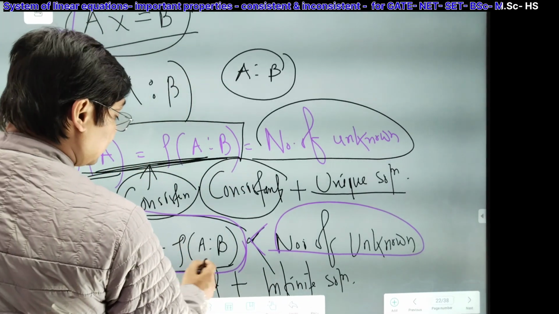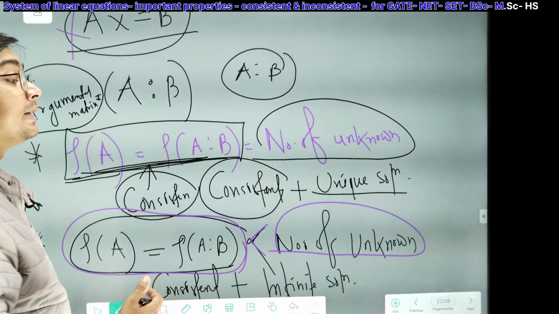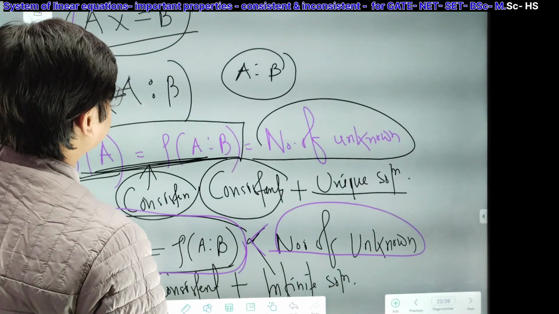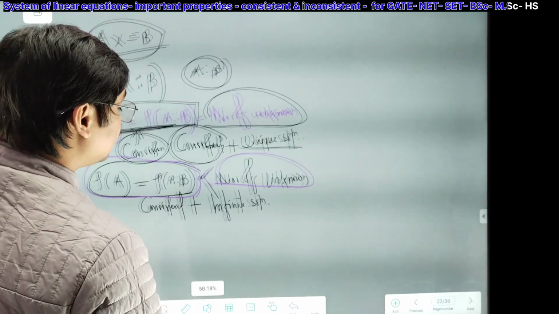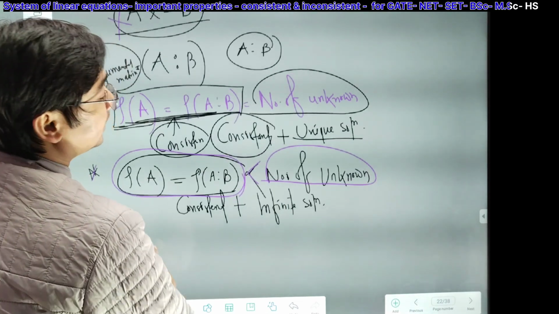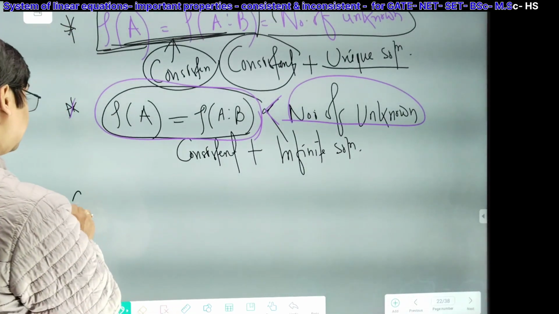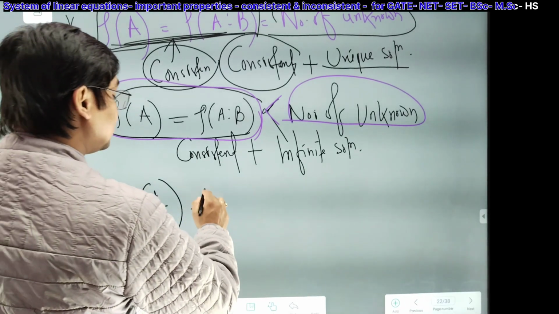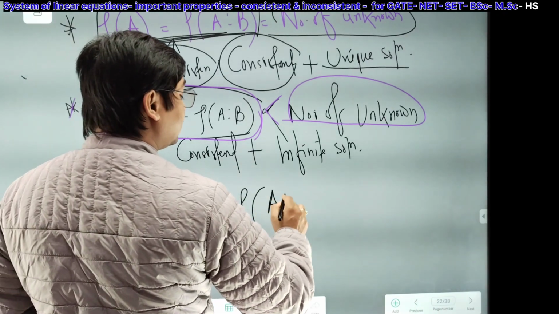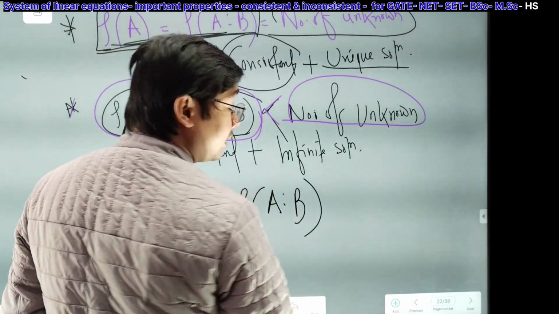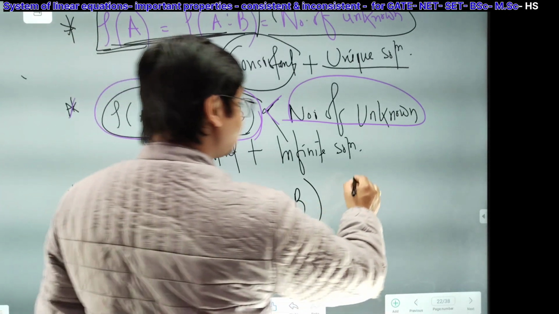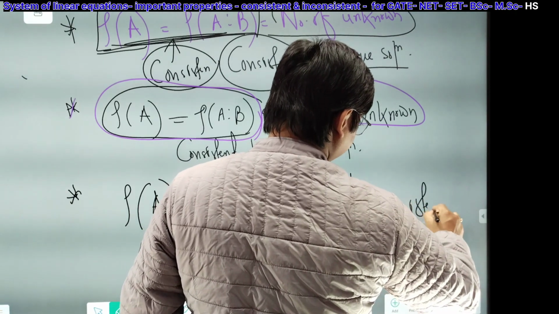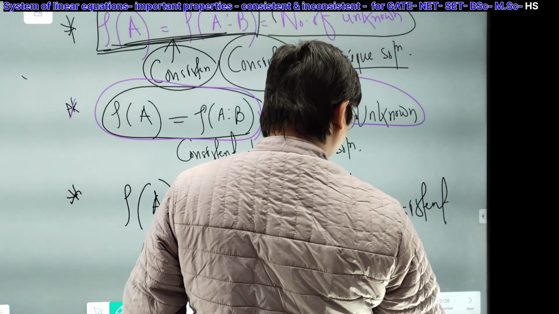If the rank of A and the rank of the augmented matrix are equal, but less than the number of unknowns, then the system is consistent and solutions exist, but the number of solutions will be infinite. And the last property is this one: if the rank of A is not equal to the rank of the augmented matrix, then the system will be inconsistent and it has no solution.